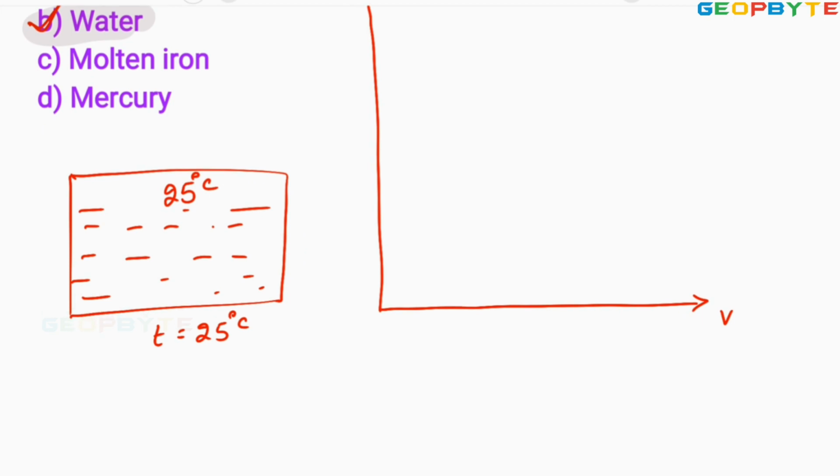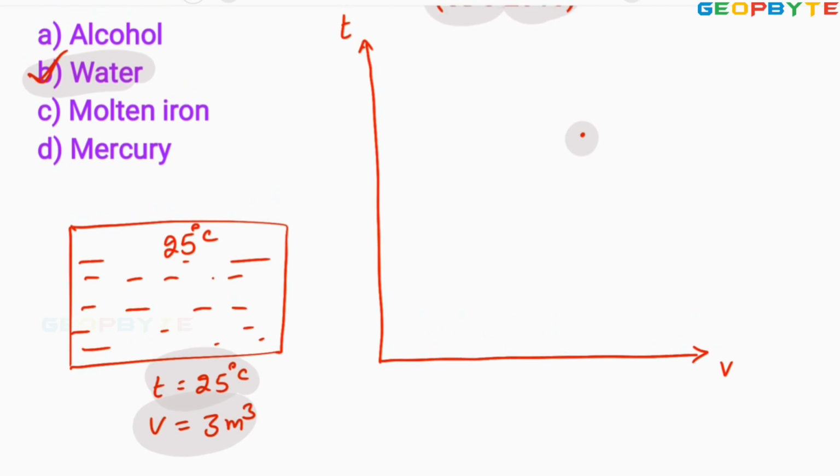Volume occupied by the water, let it be some 3 meter cube. Corresponding to 25 degrees centigrade and 3 meter cube, you mark a point. This is the point where the temperature of the water is 25 degrees centigrade with a volume occupied by the water of 3 meter cube.